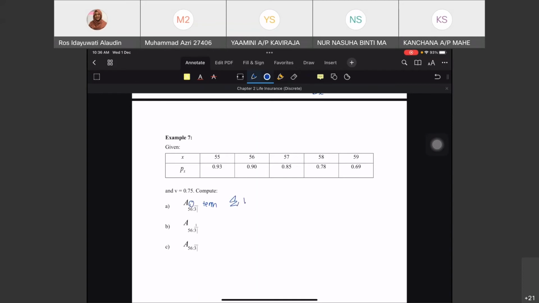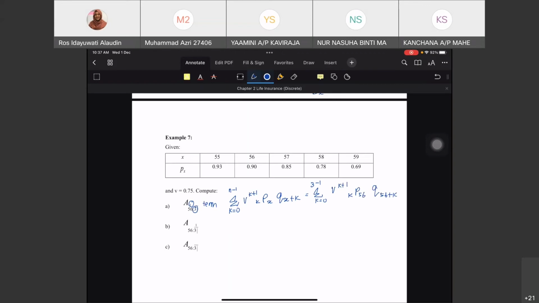It becomes the sum of v^(k+1) kPx q(x+k), where k starts from 0 to n minus 1. If you substitute the age, k equal to 0, and n is 3, so 3 minus 1 is 2. So we have the sum of v^(k+1) kP56 q(56+k).